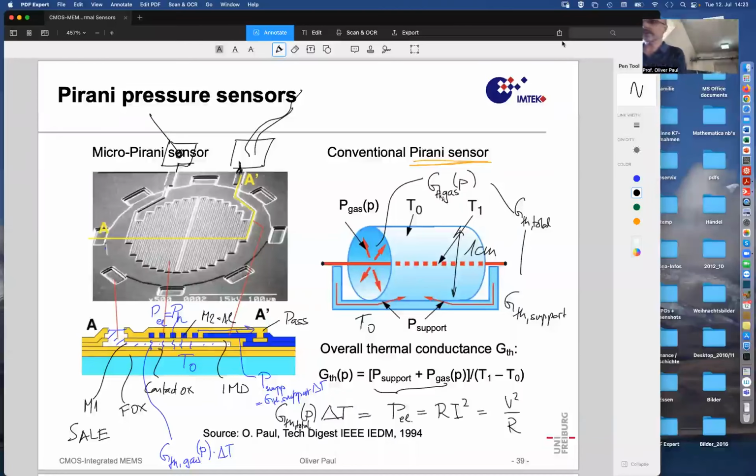All right, so we're ready to continue with thermal sensors in this course on CMOS MEMS. And I discussed this micro-machined thermal sensor, the micro-Pirani sensor, or micro-Pirani pressure gauge, as pressure sensors are also called.